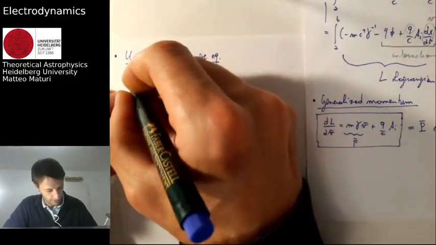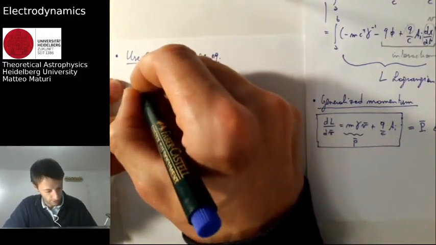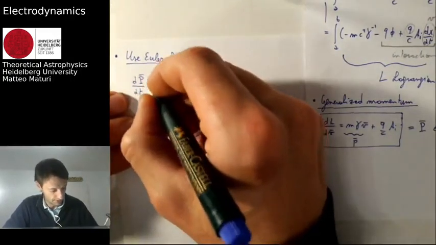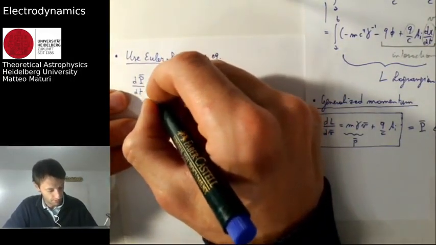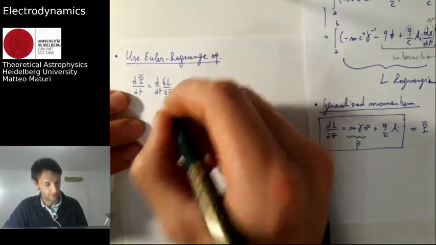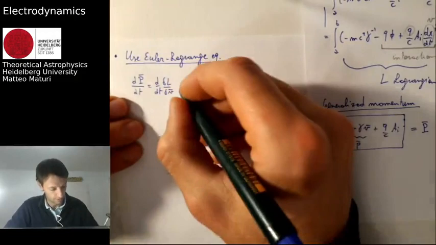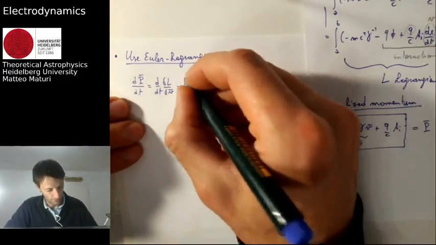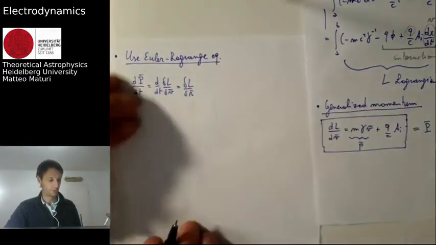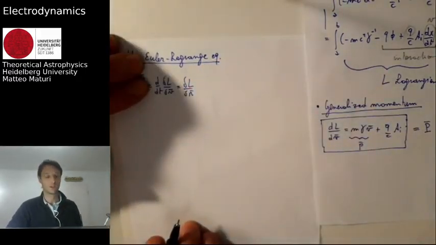So we have the derivative of the generalized momentum over t. You can recognize that because that's d over dt of the partial L over the partial v, right? So maybe it sounds more familiar to you. Okay, then the partial L over the partial r. So you can recognize the Euler-Lagrange equation, right?